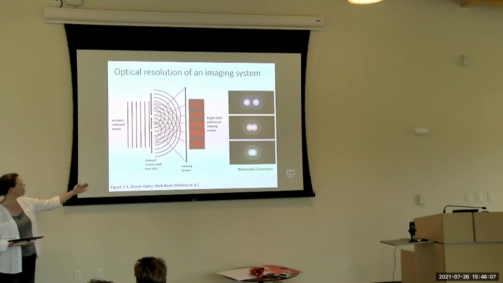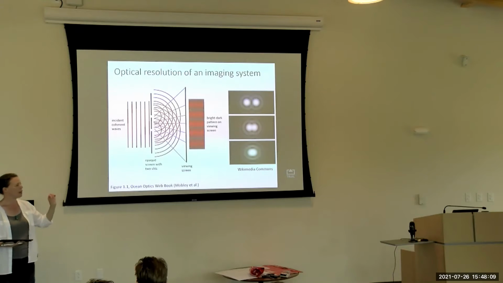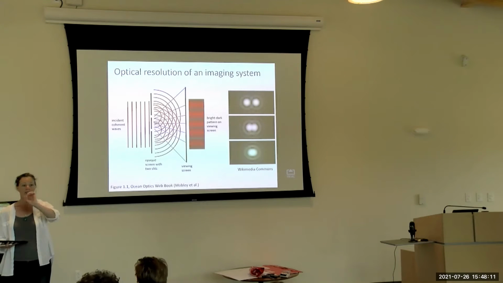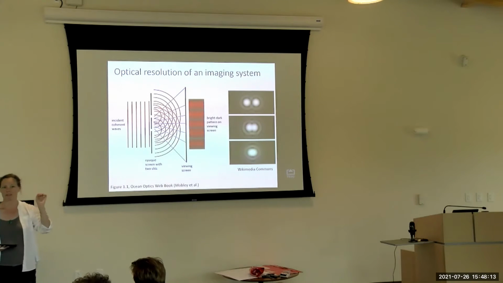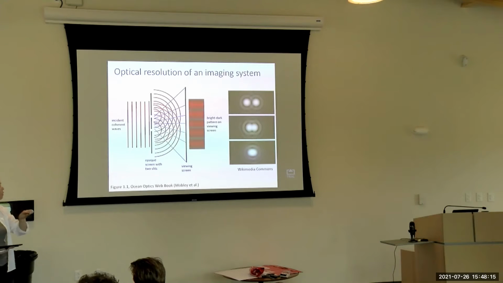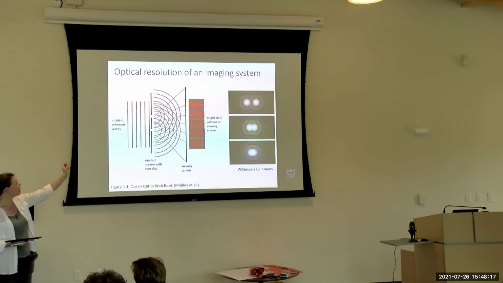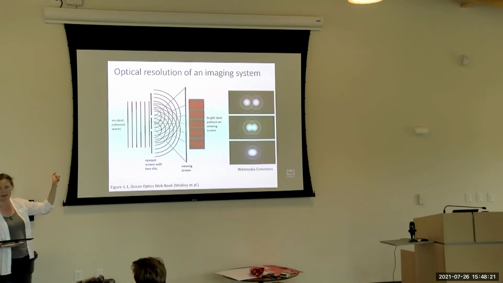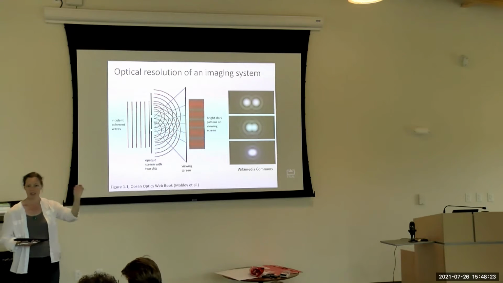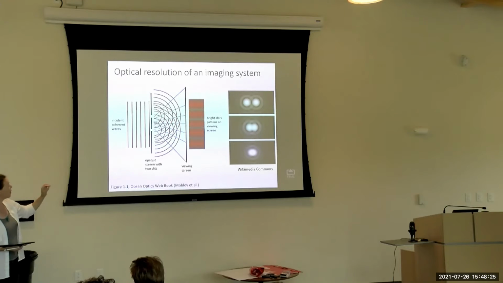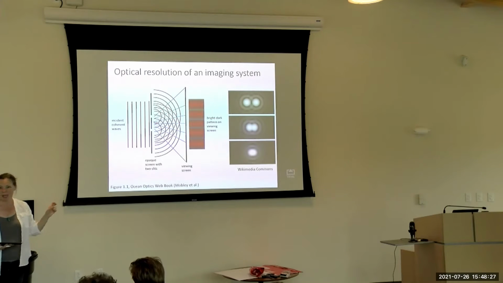So I've added here a representation of what that might look like if you're looking at the screen and you're looking at the diffraction patterns coming through two pinholes, right? And you can see at the top, in the top representation, those two pinholes are far enough apart that the central maximum and then the minima are clearly separate, right? We can distinguish those two objects.